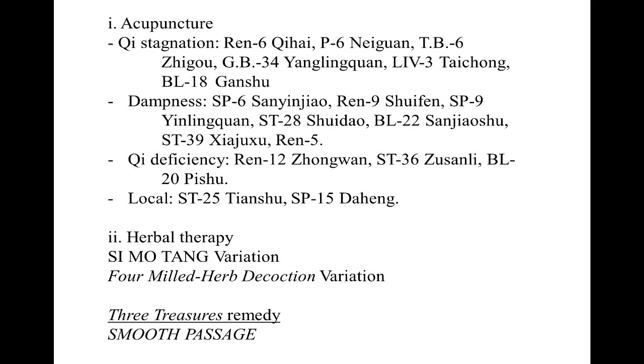The 3 points for Qi deficiency of the stomach we will also mention, plus the 2 local points, stomach 25 and spleen 15. Of course, you will not use all these points. These are not formulae to be used, but you can choose from those points. And the remedy is Smooth Passage. Smooth Passage is specific for these 3 patterns: Qi stagnation, dampness, and Qi deficiency.